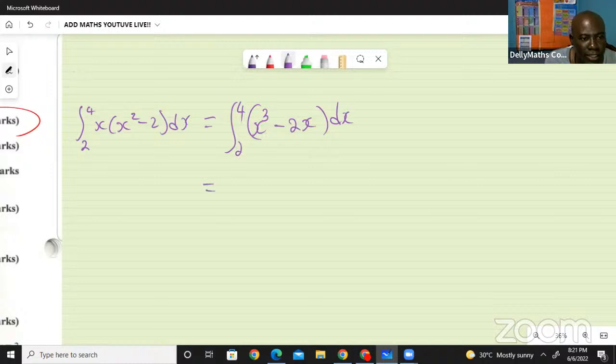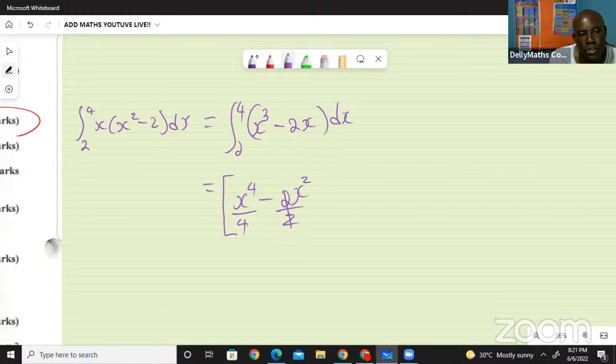So when we integrate, we add 1 to the power and divide by the new power. This becomes x to the 4th over 4 minus 2x squared over 2. You're going to see some canceling going on, because this is definitely going to cancel.